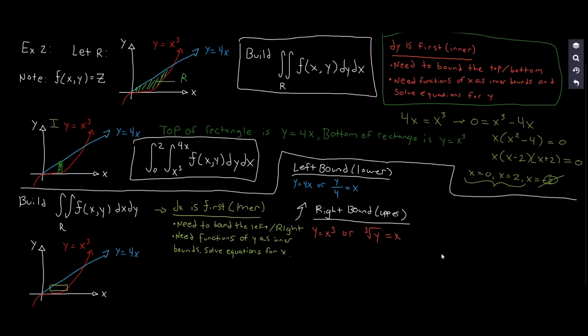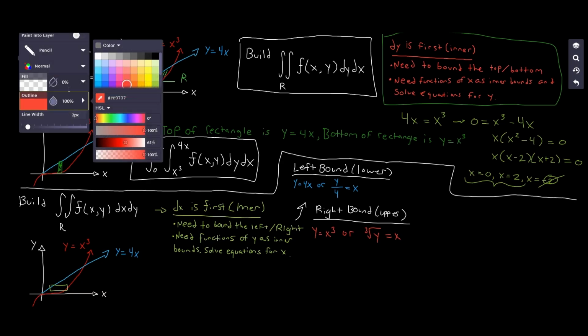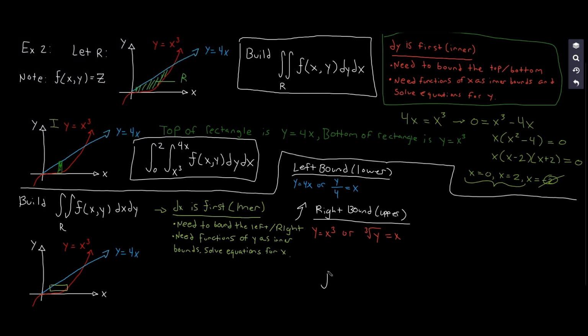So now we have the inside integral. Because we're doing x, the lower bound is y over 4, and the upper bound, the right bound, is going to be the cube root of y.